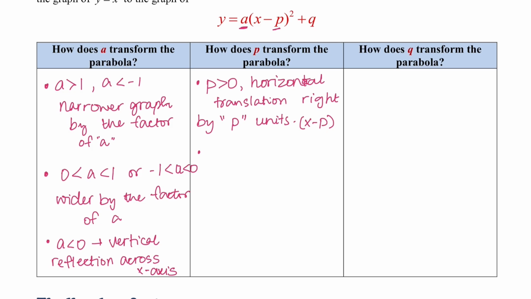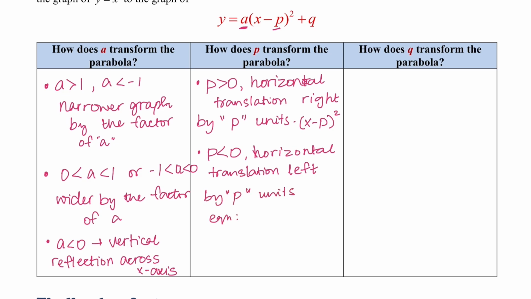If P is less than 0, there is a horizontal translation again, left this time by P units. So an equation could look like x plus P squared, because less than 0 will be negative. Negative times negative is positive.